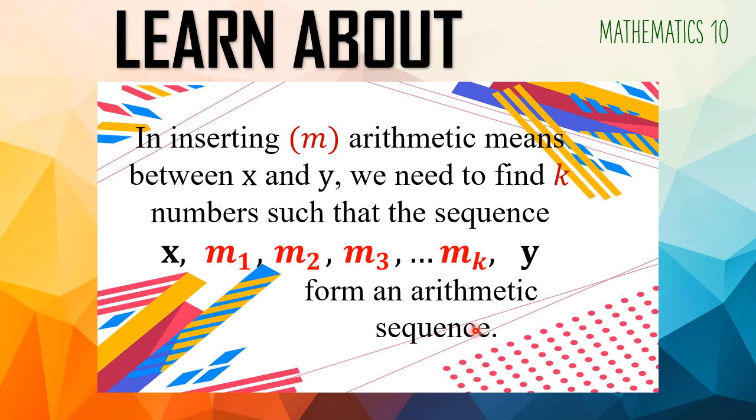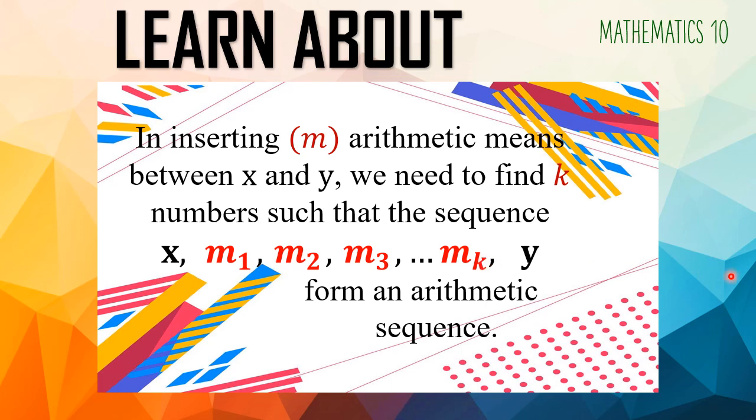For example, say we have x and then y. The arithmetic means in this sequence are represented by m sub 1, m sub 2, m sub 3 up to m sub k. It depends on how many terms we have in that particular problem.